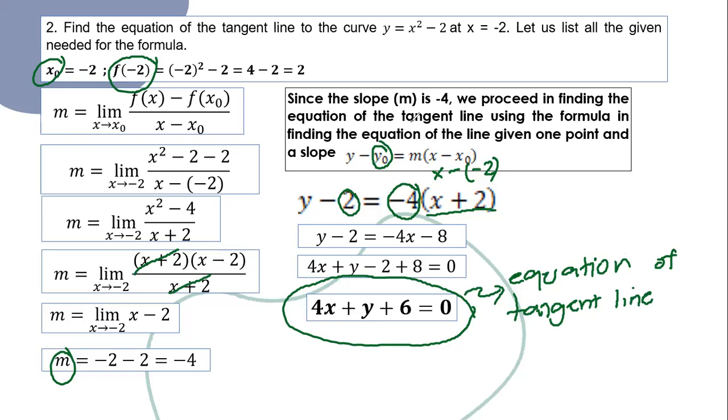Okay? So tingnan natin kung tangent nga ba. So pwede ba nating i-graph? Okay, so try nating i-graph itong x squared minus 2 and yung 4x plus y plus 6.